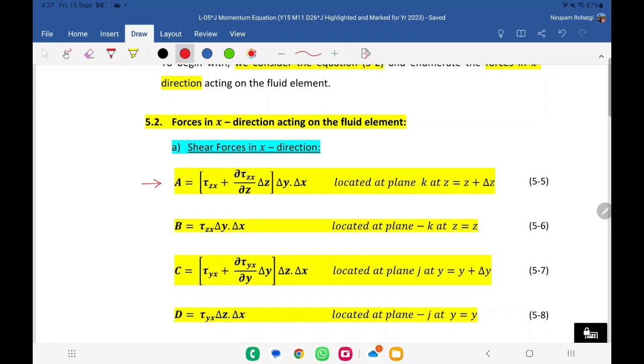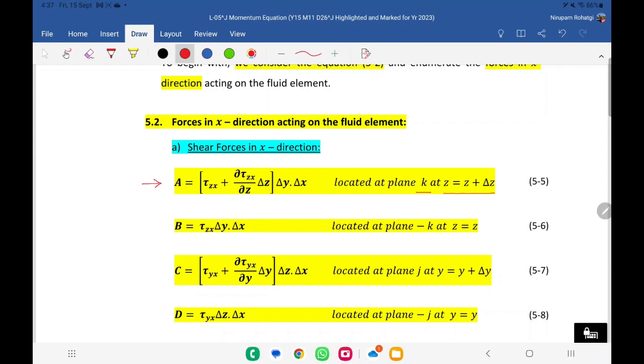Now the plane we are talking about is K. Plane direction is K, that means it is looking upward. So it is the top face. It is located at point Z equal to Z plus delta Z. So it is not the bottom plane, it is the top plane at a height of Z plus delta Z.